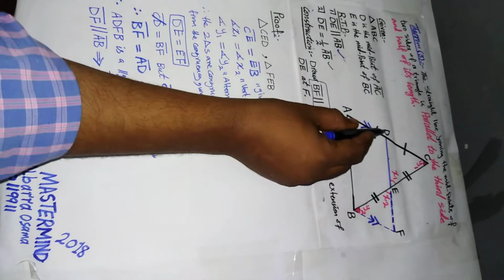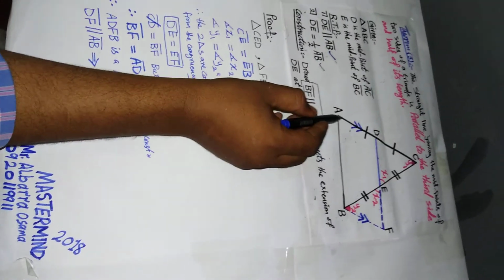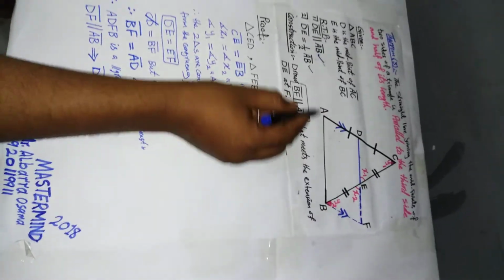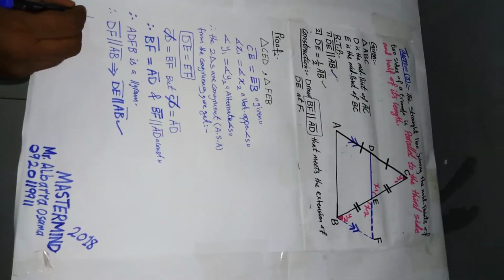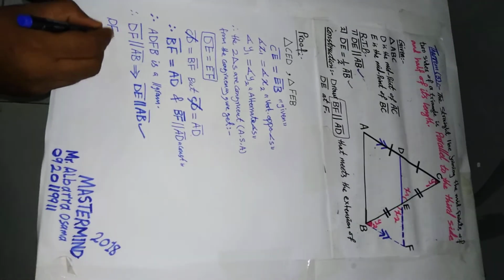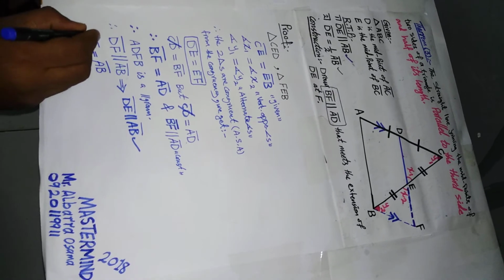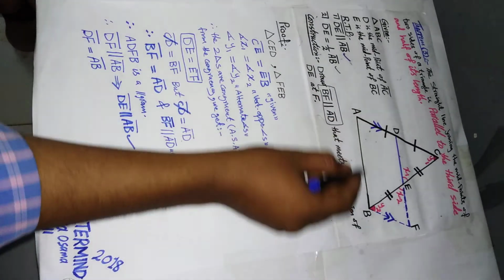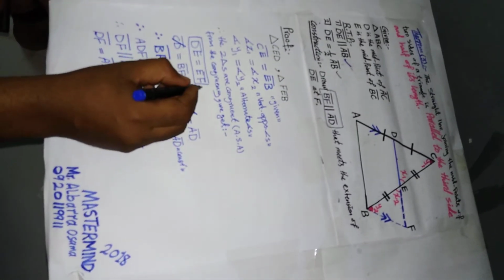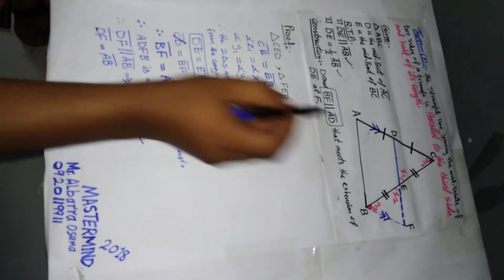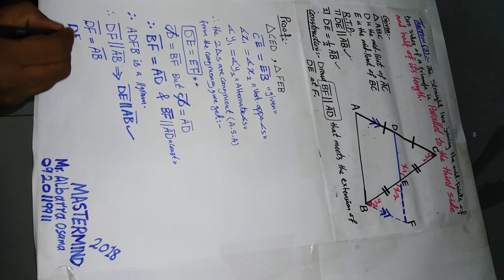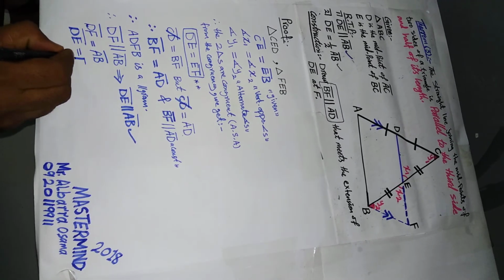Number 2, DF is not just parallel to AB, DF also equals AB. So DF equals AB. Return back to your rectangle here. DE equals EF.